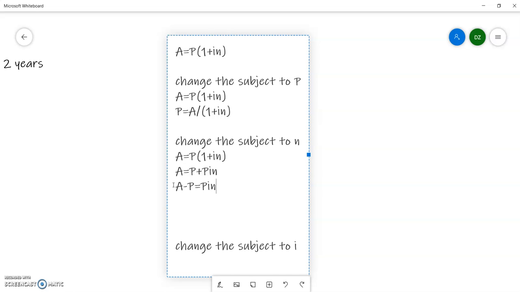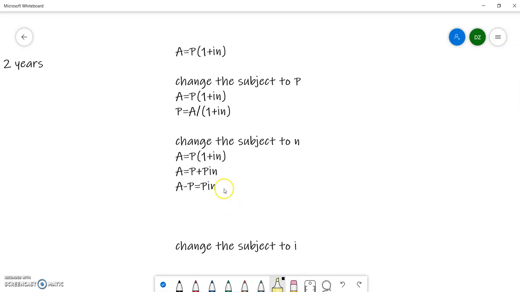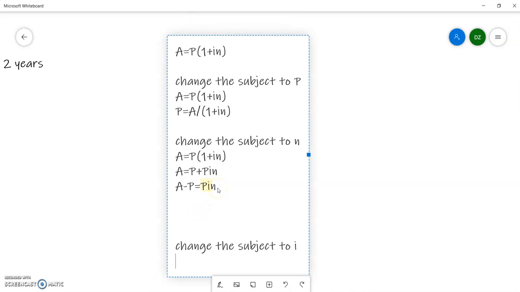Then I want to get N by itself, N as my subject. So what I'm going to do is get rid of the P times I. And if we are multiplying, how do we get rid of a multiplication? Well, we have to divide. And if I divide one side by P times I, I need to divide the other side by P times I as well.